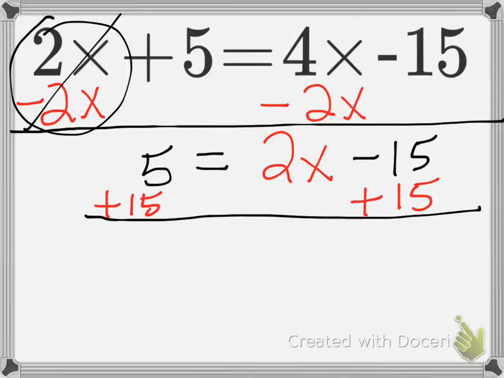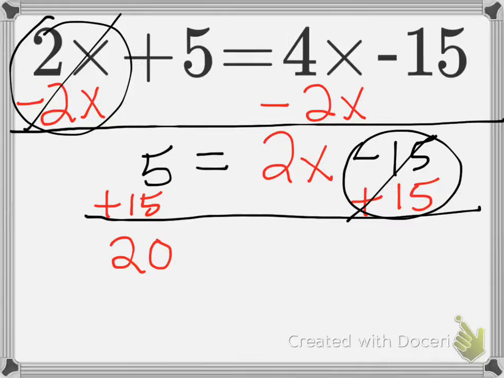And then what I'm left with is negative 15 and positive 15 make a 0. And 5 plus 15 is going to give me 20. And then that's going to equal 2x.